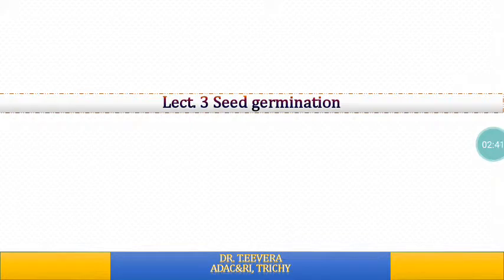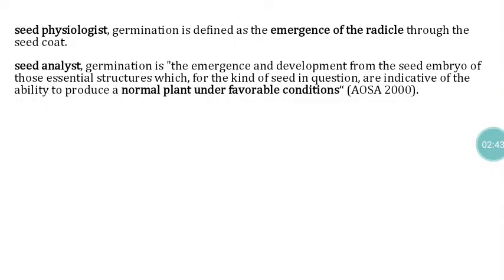Many definitions of germination are given by people working in different fields. Here I have given definitions based on the seed physiologist's point of view and the seed analysis point of view. From the seed physiologist's point of view, germination is defined as emergence of the radicle through the seed coat. It is a mere emergence of the radicle through the seed coat.